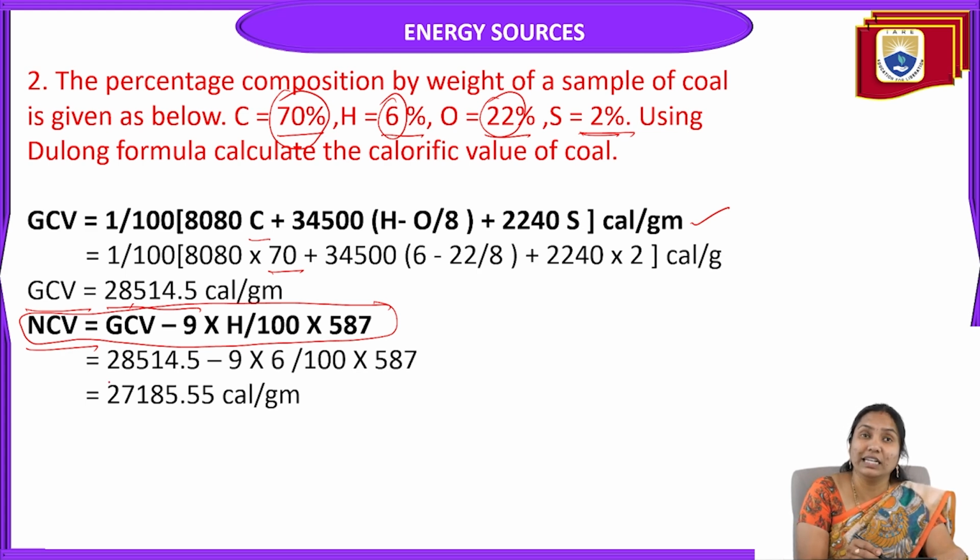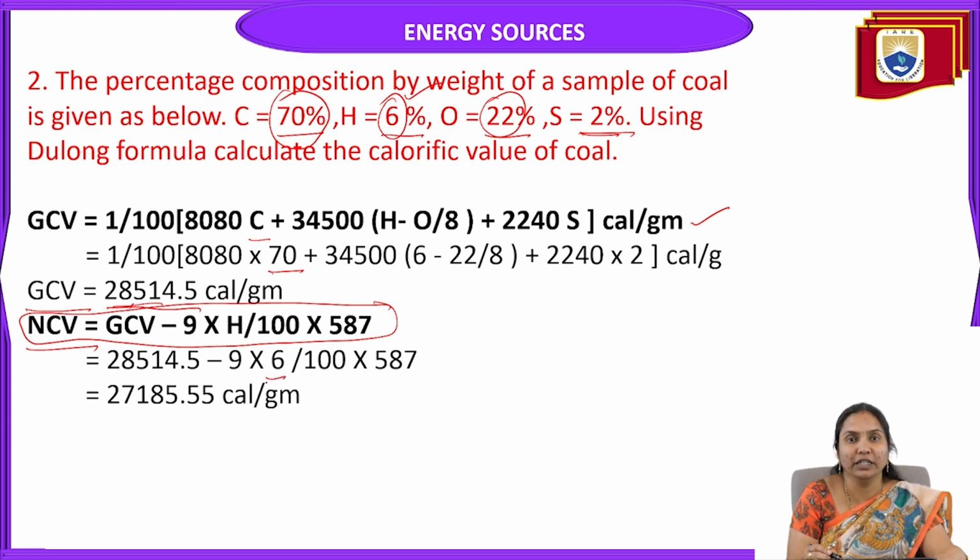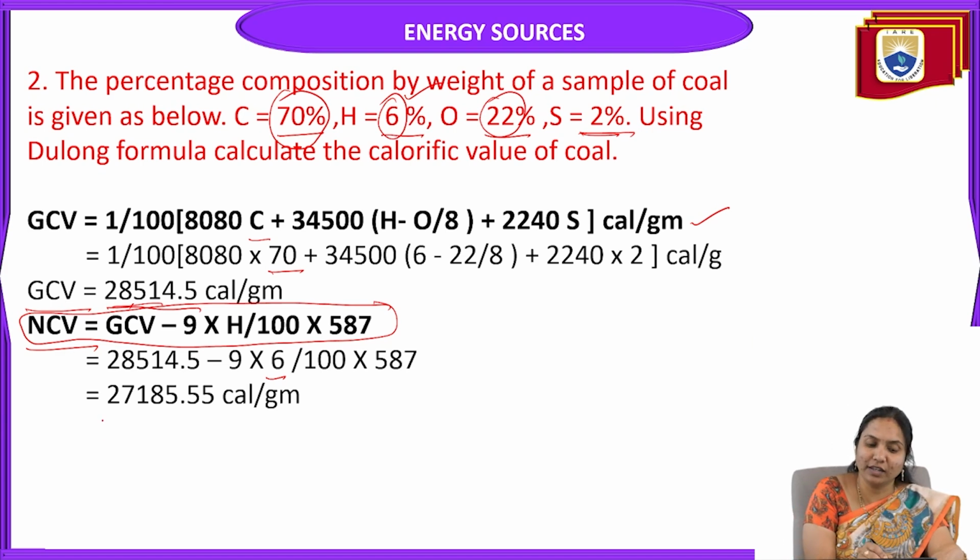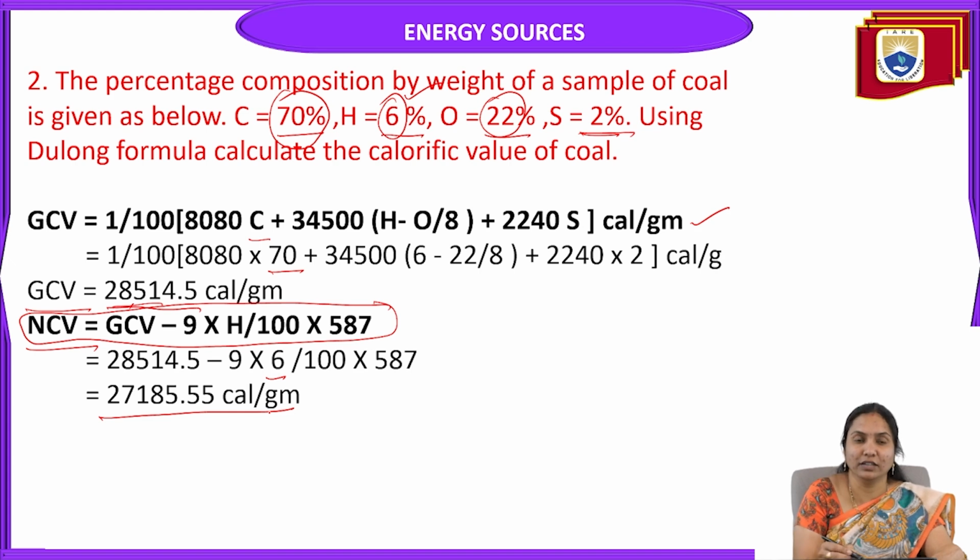So it equals 28,514.5 minus 9 into 6 by 100 into 587. Finally we get 27,185.55 calories per gram. In this way we can calculate the gross calorific value and net calorific value of a fuel.